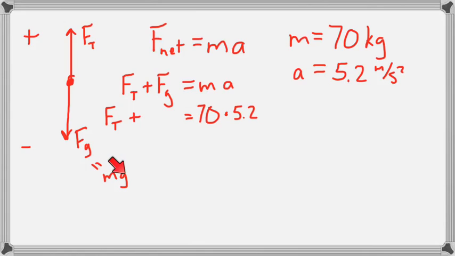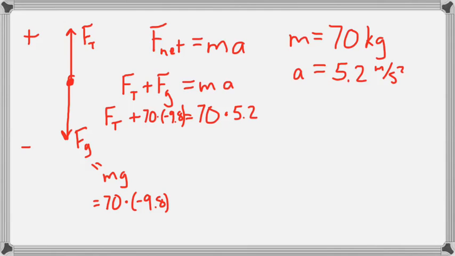Since g is going in a negative direction, we're going to write this as mass, which is 70, times negative 9.8, because that acceleration is in the down direction. So I'm going to plug that in here, 70 times negative 9.8.